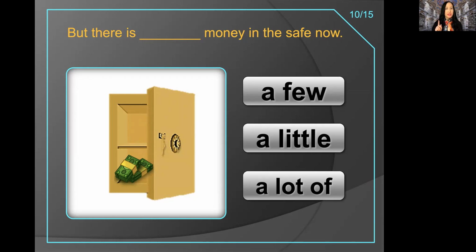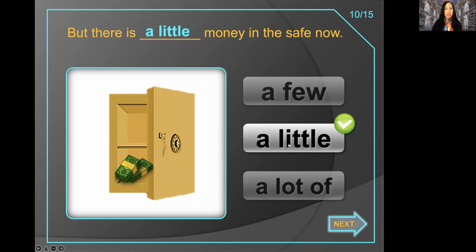So think about money. Is money, the word money in itself, not the dollar bill, but the noun money, a countable noun or a non-countable noun? So there is, but there is a little money in the safe, a few, or a lot of? Which one?